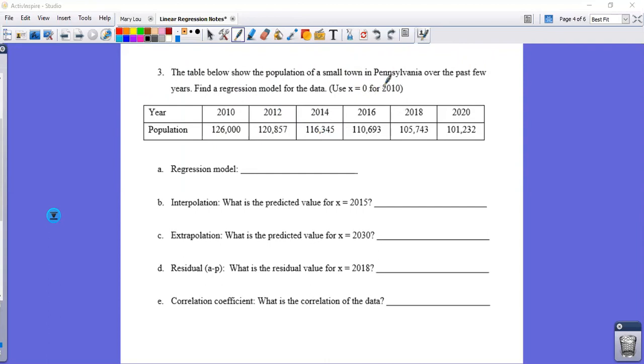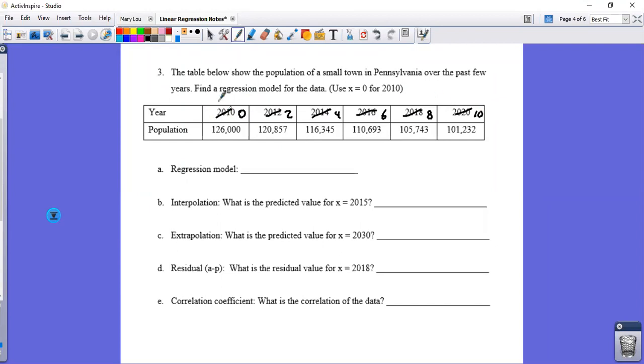But it says use x equals 0 for 2010. So instead of doing the actual year, we're going to say this data started at the beginning. So 0 is our beginning number. Well, 2012 is 2 years later, or if you subtract those two, 2012 minus 2010, that's a 2. The 2014 is 4. 2016 is 6 years later. 8 years later, and 2020 would be 10 years later.